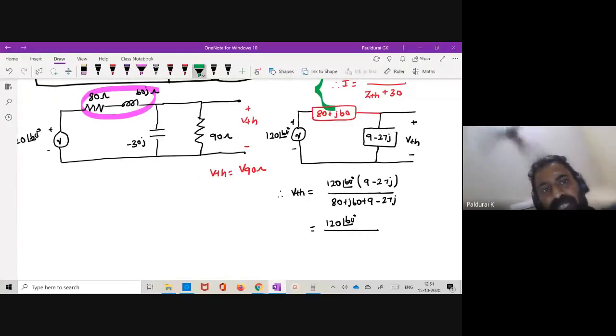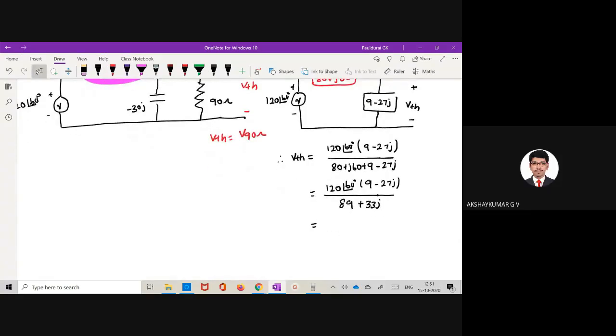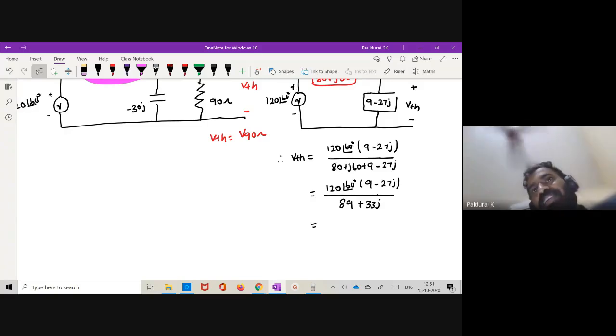120 at an angle of 60. So it is 90 minus 27J divided by 89 plus 33J. What is this value, anyone? Sir, 36 at an angle of 8.78. Please verify.